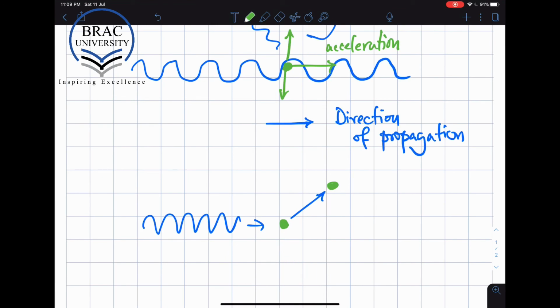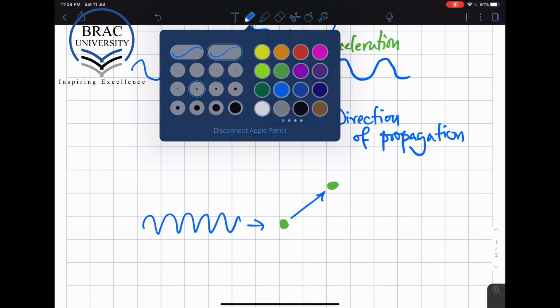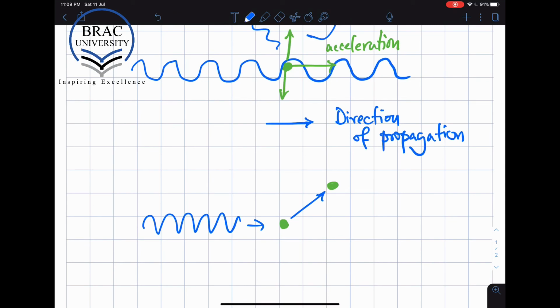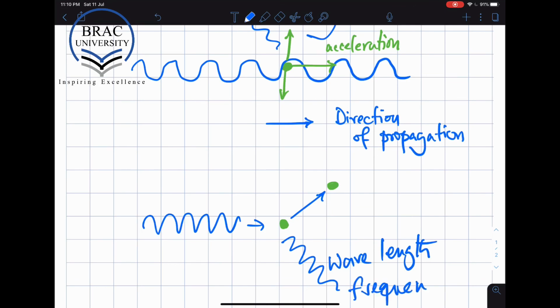The electron scatters the electromagnetic radiation, and depending on the angle of scattering, the wavelength or the frequency of the scattered wave depends on this angle.